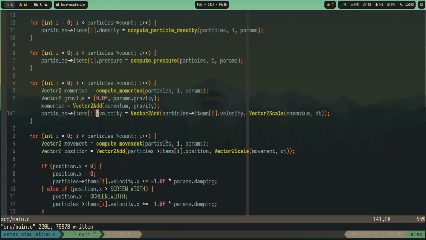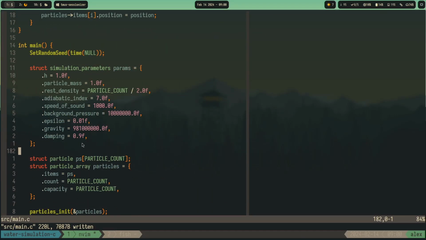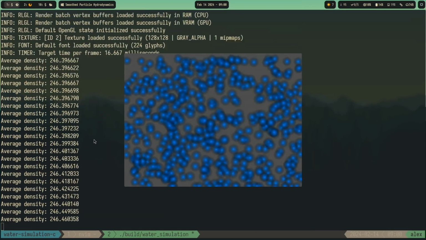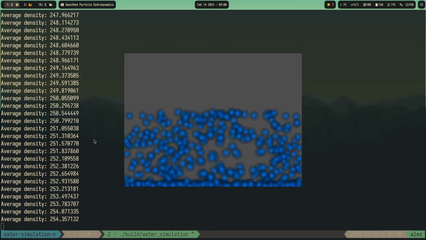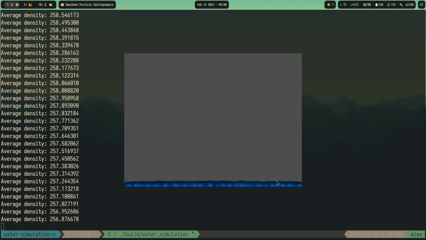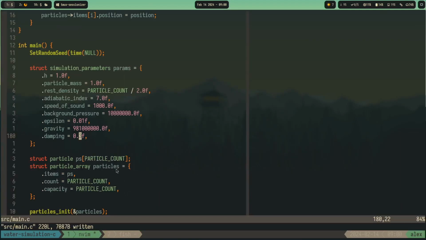Okay, and the damping could also be like 0.3 maybe, something really small. And now, oh no, I get flashbacks from last time. It gets in the same position.